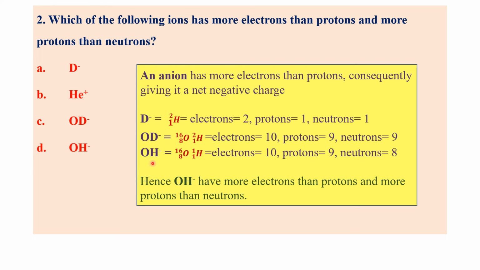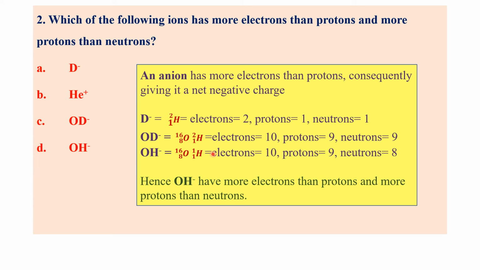OH-. Here hydrogen is normal hydrogen or protium. Oxygen has 8 electrons, 8 protons and 8 neutrons. Protium has 1 electron, 1 proton and 0 neutrons. The minus is given, so we add an extra electron: 8 plus 1 is 9, plus the extra electron makes 10 electrons. Protons are 8 plus 1, which is 9, and neutrons are 8 plus 0, which is 8.